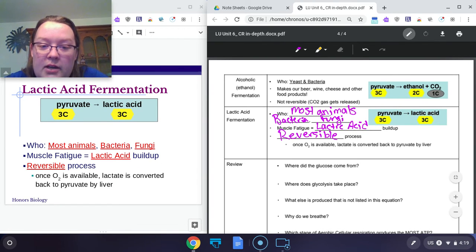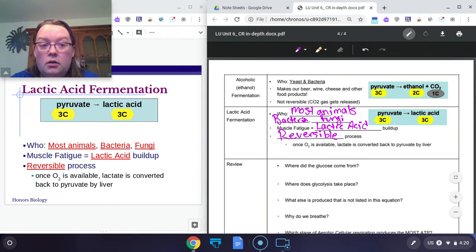So one way that you guys have seen lactic acid fermentation happen in your everyday lives is when you feel the burn. So let's say you're a runner, you're running, you're sprinting, and you get out of breath. Not too long after you start getting out of breath, you start to feel the burn. You might feel the burn in your muscles of your legs. And the reason why you're feeling the burn is because your body isn't getting enough oxygen to keep up the process of cellular respiration, to make enough energy for your muscles to keep working.